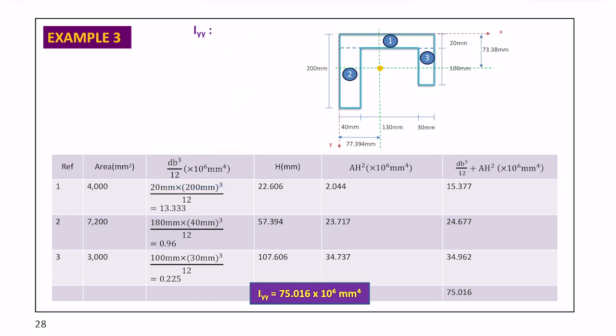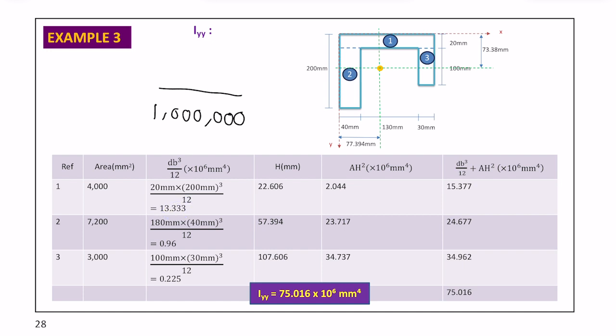Okay, so we have the first section, the D is 20 and the D is 200. Cube divide with 12. Then you divide it with 1 million. You will get 13.333 here.